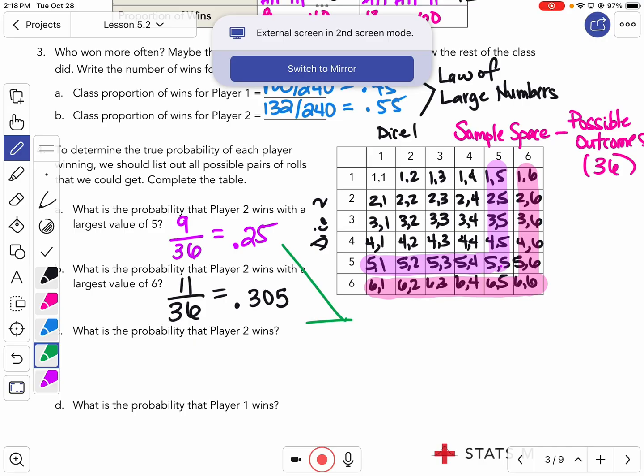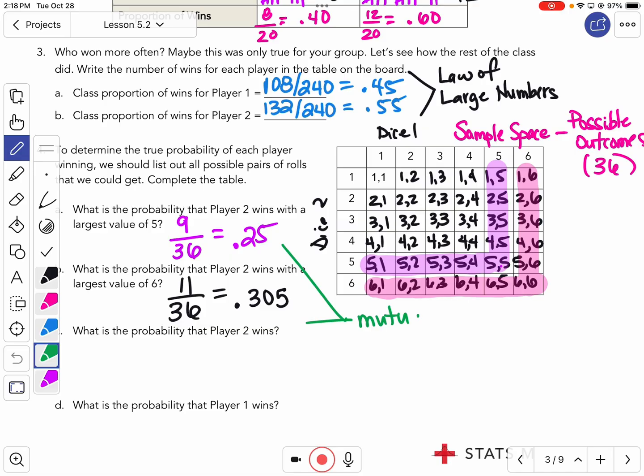These are what we refer to as two things that are mutually exclusive. Basically, what mutually exclusive means is that they have no common outcomes.